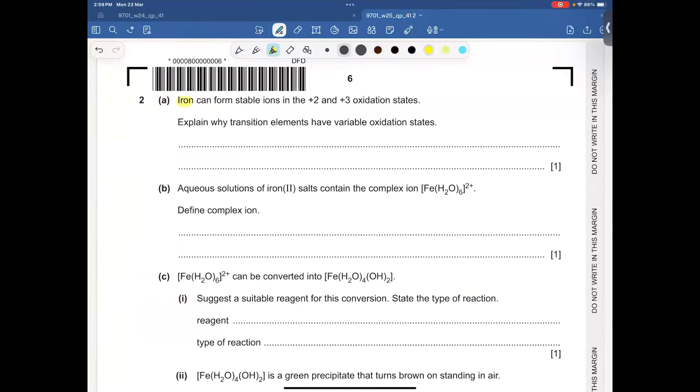Iron is a transition element, can form a stable ion of +2 and +3 oxidation state. Explain why transition elements have variable oxidation state. Transition elements have variable oxidation state because of the availability of electrons both in 4s and 3d orbital. Electrons are available both in 3d and 4s orbital.